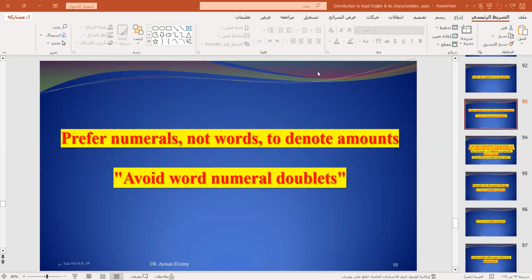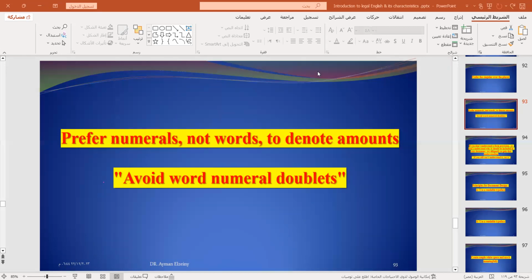In such a case, we prefer to use a combination of numerals plus words for round numbers, for example $3 million, and numerals for other numbers, such as $7.88.